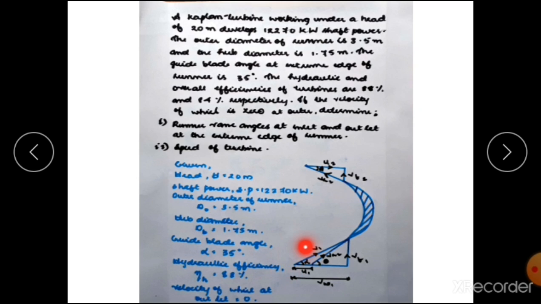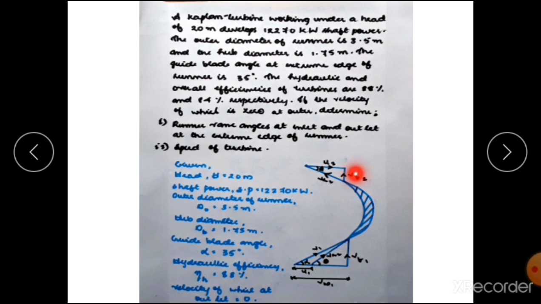So we have to draw a neat sketch regarding these terms, and I am considering two triangles, the inlet triangle and the outlet triangle. In the inlet triangle, alpha is the guide blade angle, 35 degree, theta is the runner vane angle at inlet, U1 is the peripheral velocity at inlet, Vw1 is the velocity of whirl at inlet, Vf1 is the velocity of flow at inlet, and Vr1 is the relative velocity at inlet.